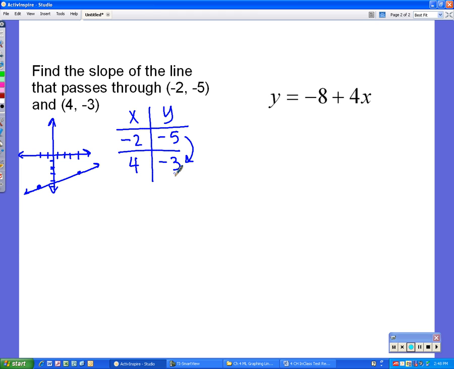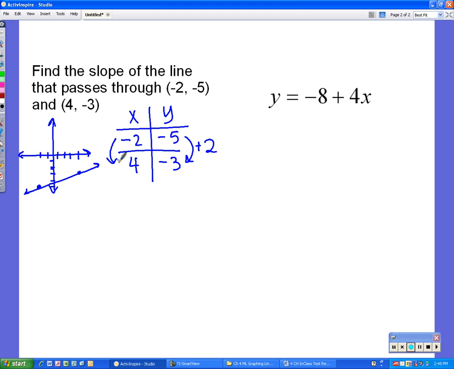Those negatives are a little tricky because they work backwards. -5 is actually smaller than -3. So we're getting bigger to go from -5 to -3. And we're getting bigger by 2. We need to go to the right 2 places on a number line if we're starting at -5 and ending at -3.